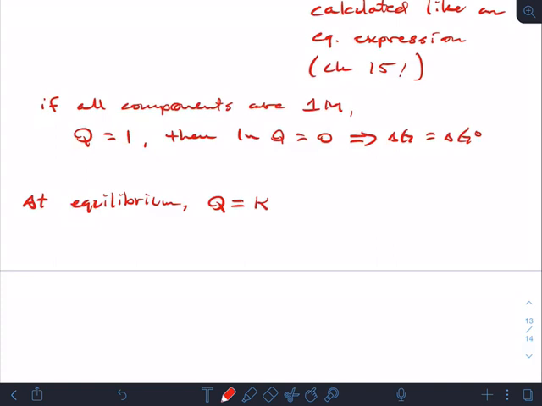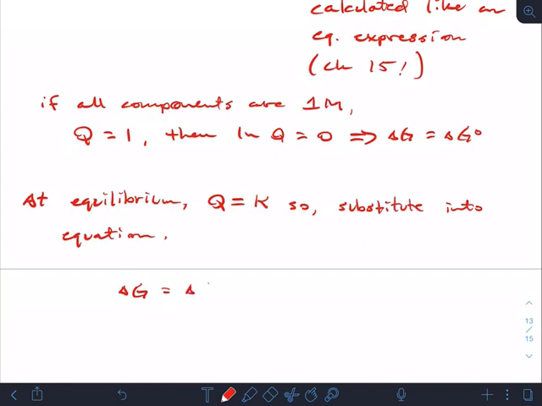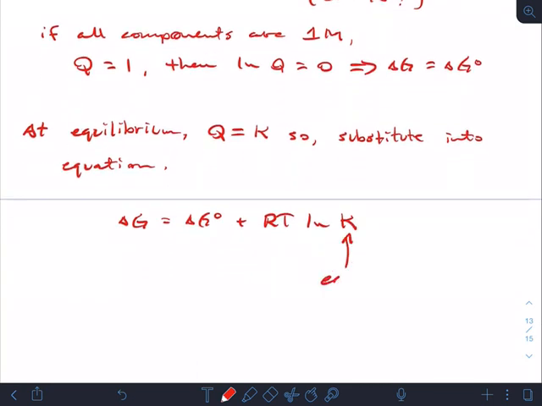The other interesting thing about this is that at equilibrium, Q equals K, right? Remember that from chapter 15? So we can substitute it into the equation, and we get delta G equals standard delta G plus RT natural log of K. Right? That is the equilibrium constant.